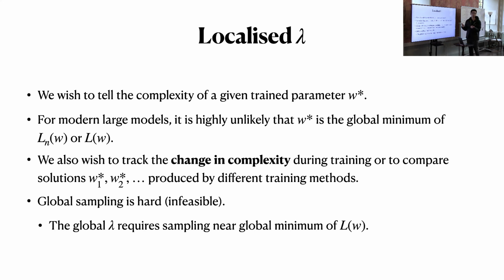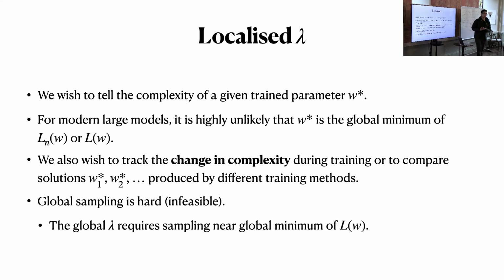We also wish to track the change in complexity, or the complexity of multiple different places, and compare them. That's the internal model selection. And if you are training your model using something like SGD, tracking the change in complexity across training could tell you something about how your neural network is developing. Also, just as a practical issue, global sampling is hard.